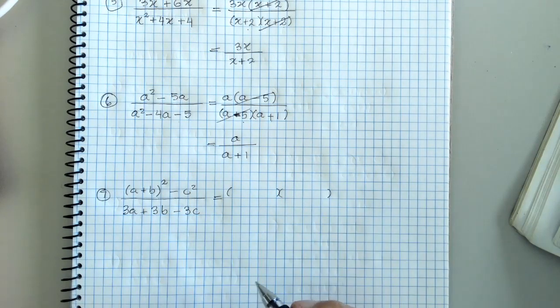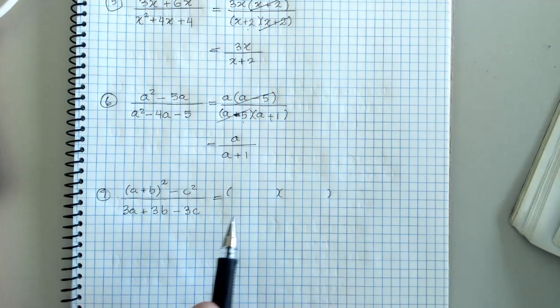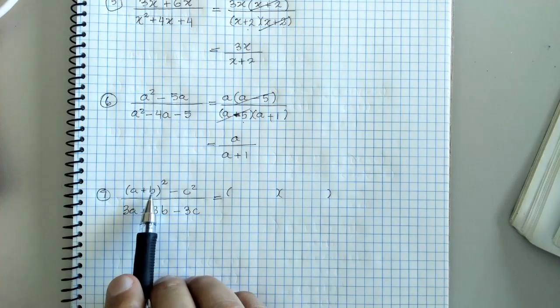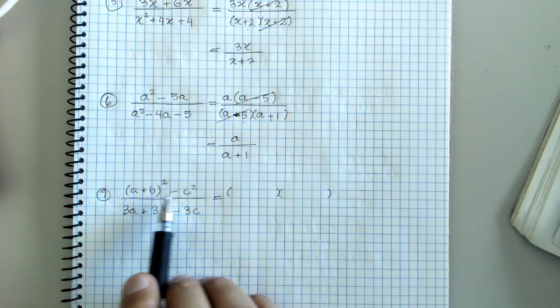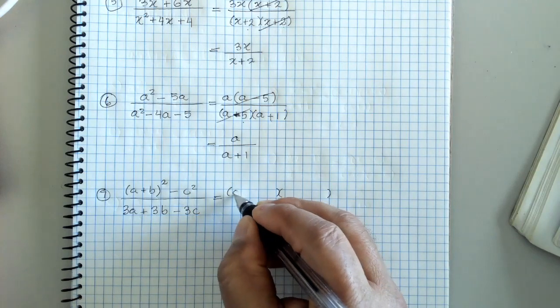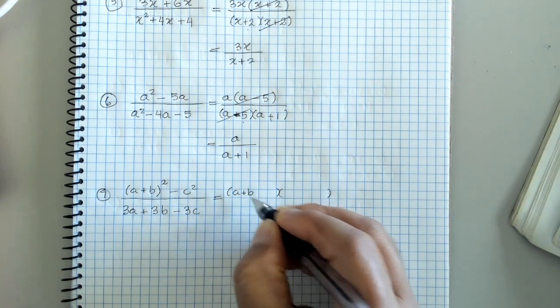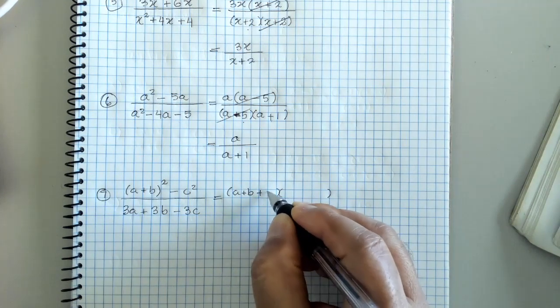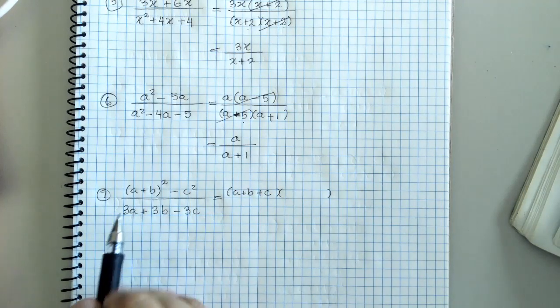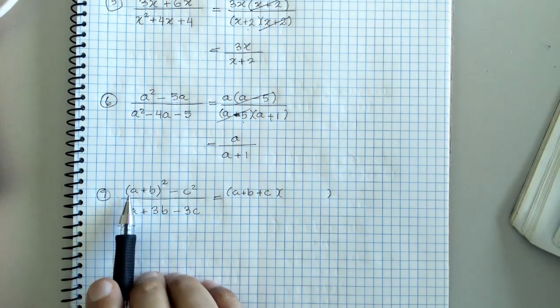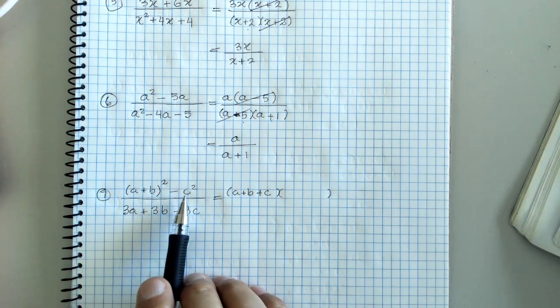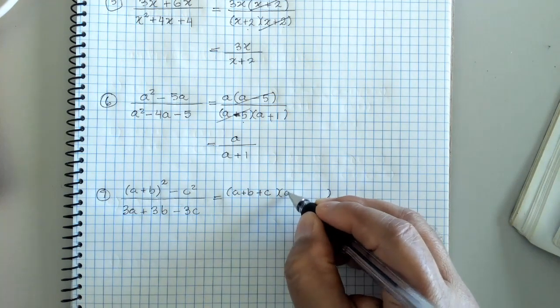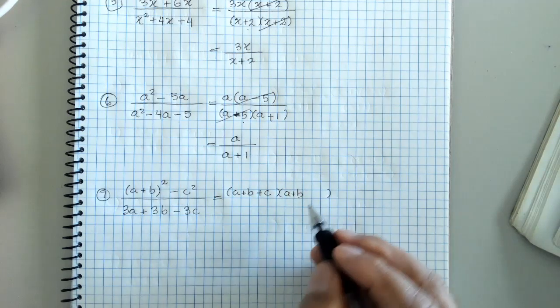And then what we put inside of the bracket is a plus b plus c. So you're going to put a plus b and then plus c. Okay, that's what we do when we do difference of 2 squares. So you do this plus this, and then you do a plus b minus c.